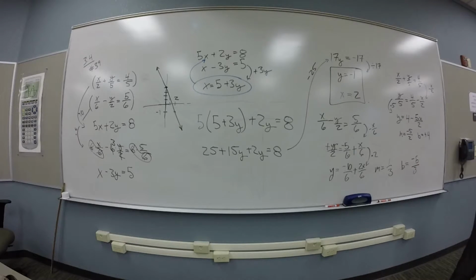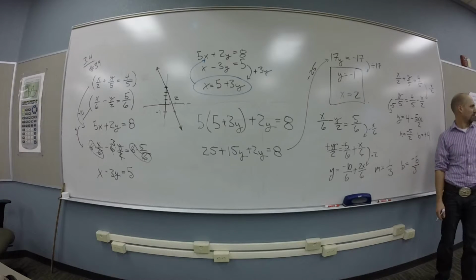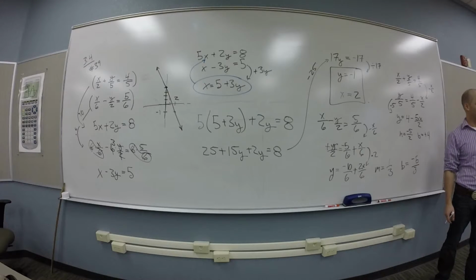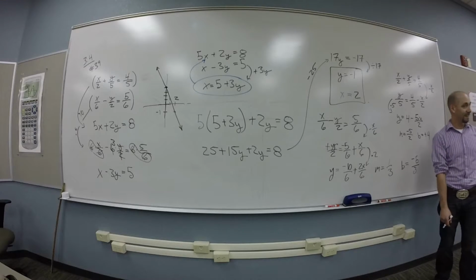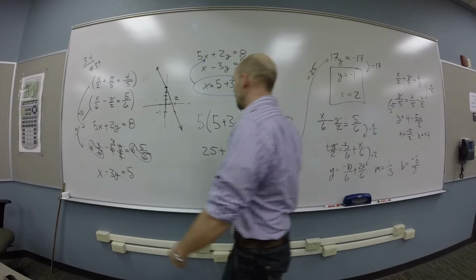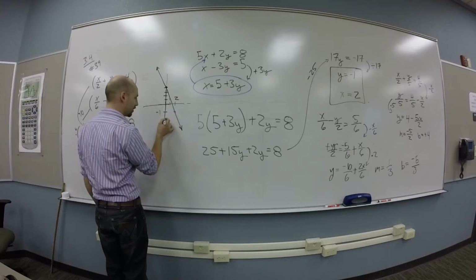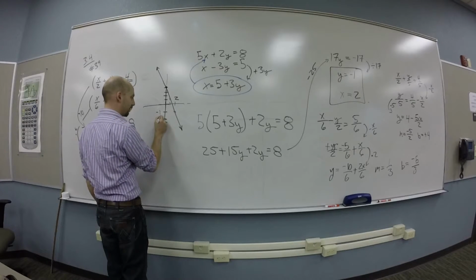Okay, so I could throw this on my picture, right? It goes through the y-axis at, what's -5/3? Ballpark that. Like 1 and 2/3, but negative, right? So I go down 1 and then a little bit almost to 2. So here's my -5/3.